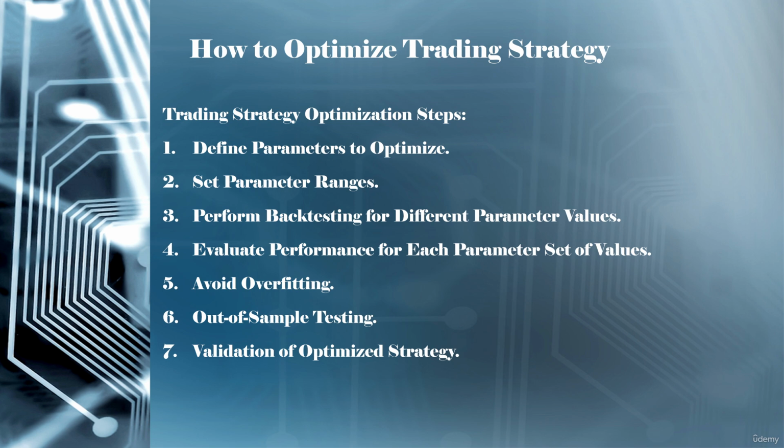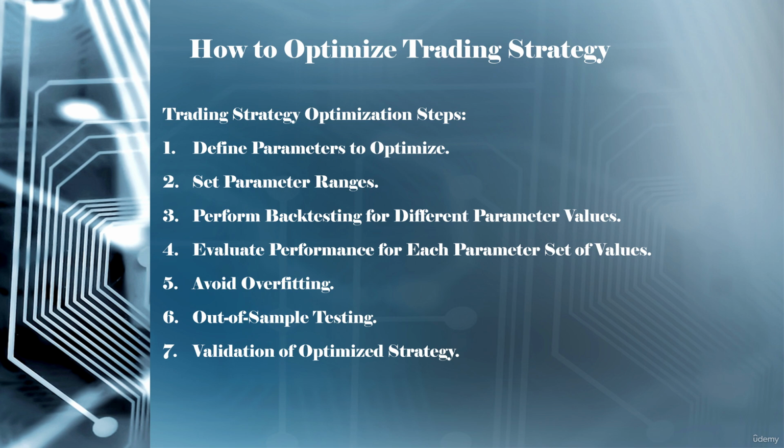To avoid overfitting, keep the number of optimized parameters low. I recommend up to 3-4 parameters. The greater the number of strategy parameters you optimize, the higher the risk of curve fitting the strategy to historical data. That can lead to poor strategy performance on new market data or live market data.